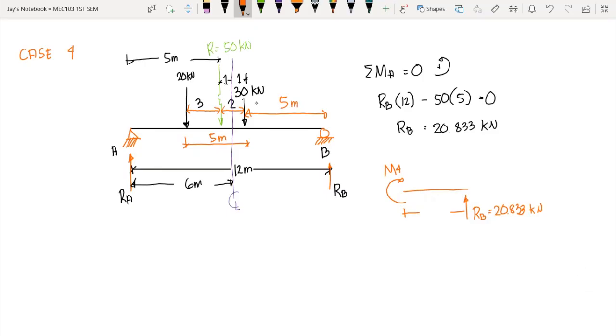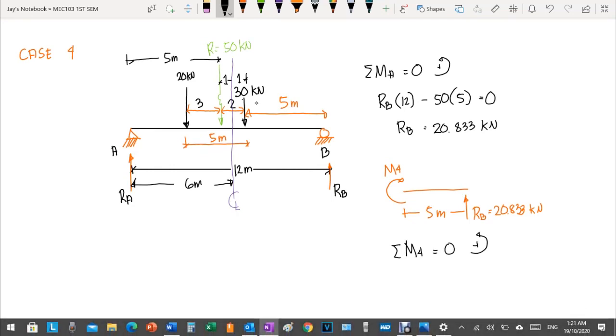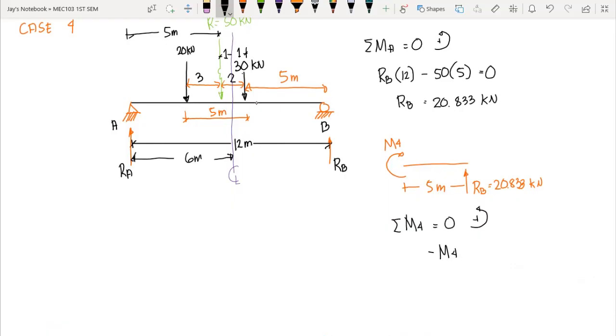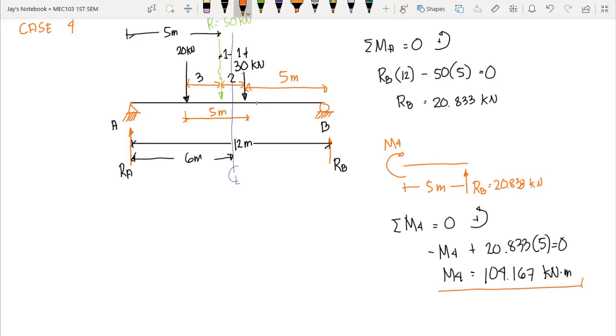Summation of moment 4 equals 0, counterclockwise positive. So we have negative M4 plus 20.833 times 5 equals 0. So we have moment 4 equal to 104.167 kilonewton meter. This is the maximum moment for case number 4.